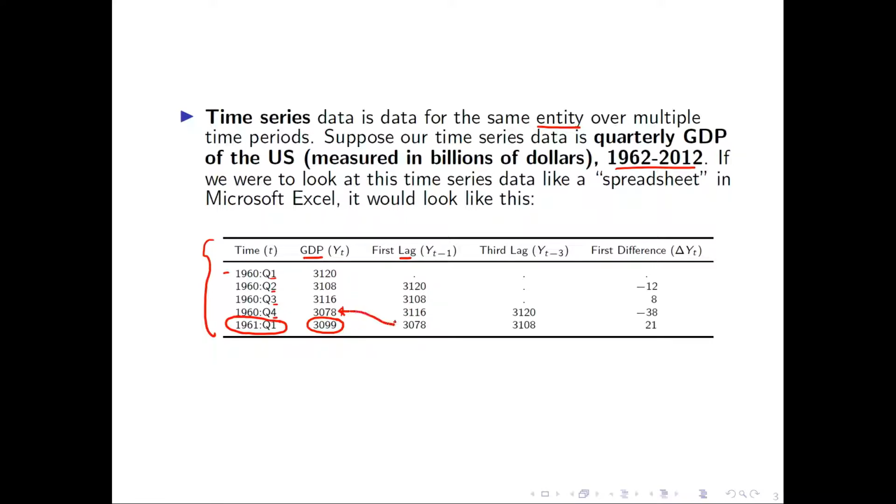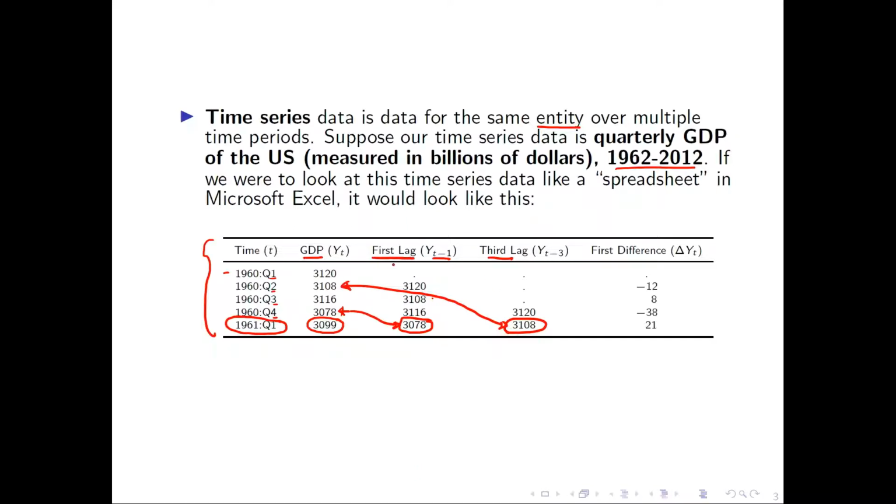So these are equivalent to each other. Because in time series analysis, we often use lagged values to try to forecast new values. And this is, for example, the first lag. So this is for time t minus 1. And the third lag is then the value 3 periods ago, right?